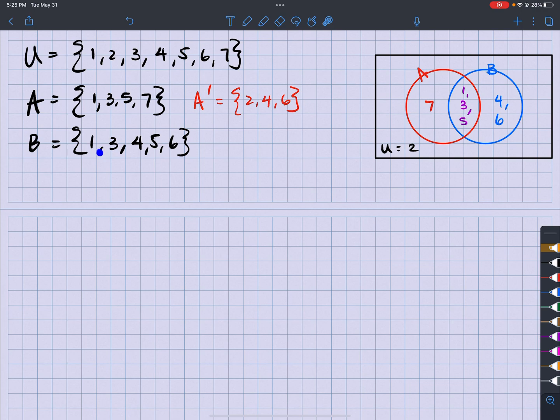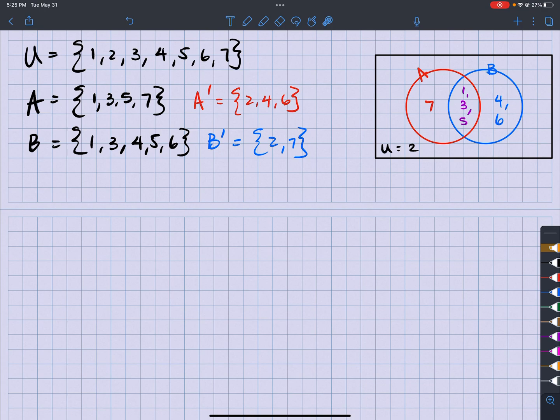I see that 2 is not here and 7 is not here. So not B is going to be 2 and 7. So some of you guys are going to be better at looking at the list to get the nots, and some of you guys are going to be better at looking at the Venn diagram and figuring out what the nots are. But however, you need to practice these just to make sure that you have it down pat and good.